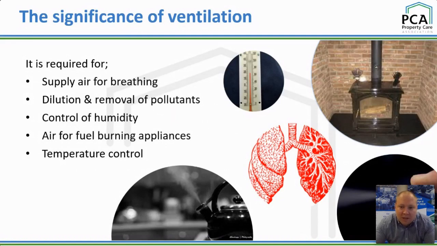So we're going to focus on one aspect of that today, which is very much the control of humidity. But the makeup of air is vital for many reasons, not just the prevention of condensation and mould growth and the control of humidity, but there are other reasons why we need to consider the importance of ventilation, and primarily, to provide a healthy habitat.